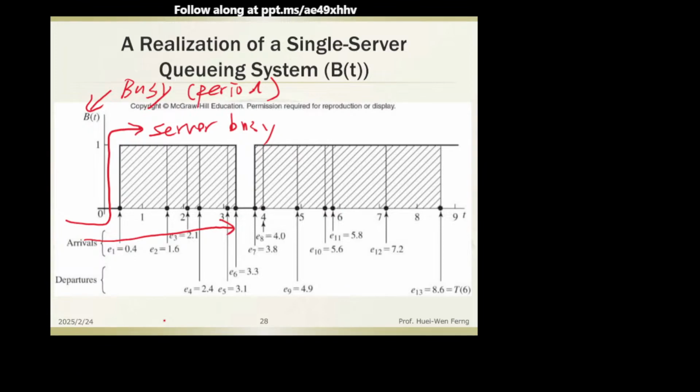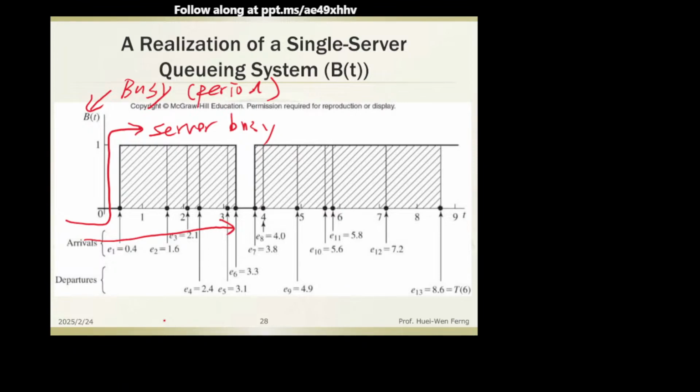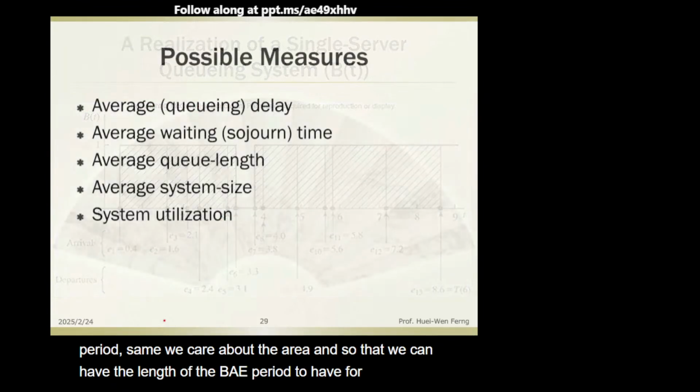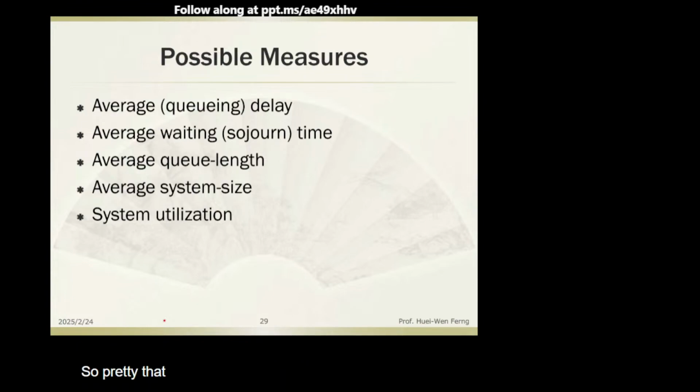It's a busy period. Same, we care about the area, and so we can have the length of the busy period to have the estimation of B of t. So previously we already covered queuing delay, and we already covered system utilization.